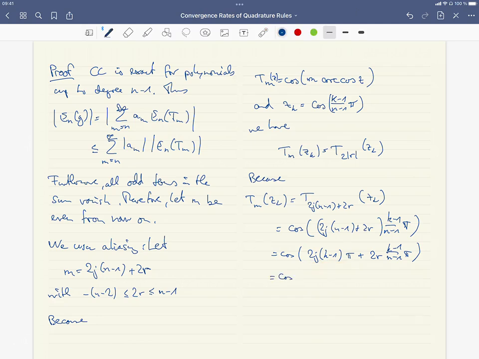So this is the same as the cosine of 2r(k minus 1)/(n minus 1) pi. And actually for the cosine, it doesn't matter what sign r has. So I can say that this is T_2|r| of z_k here. Yeah, so I've proven this aliasing property.